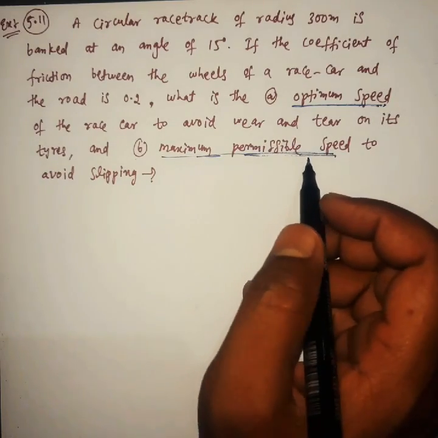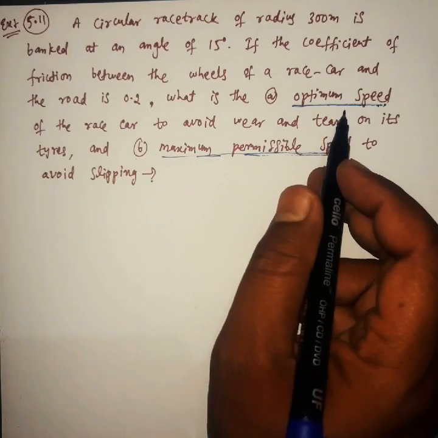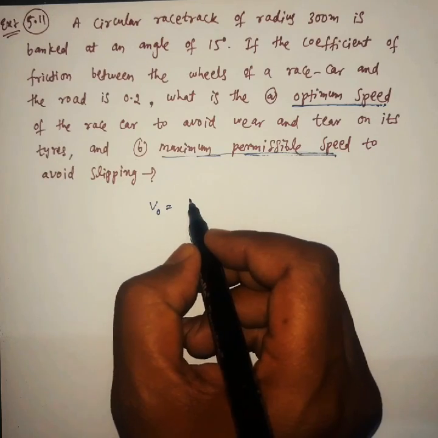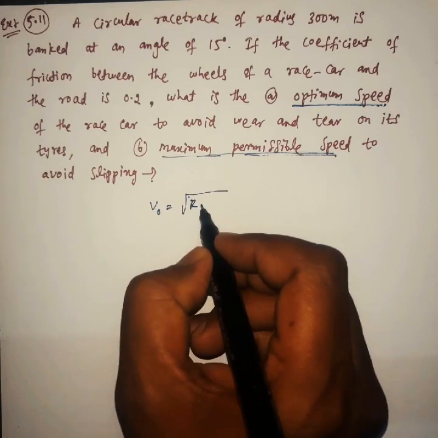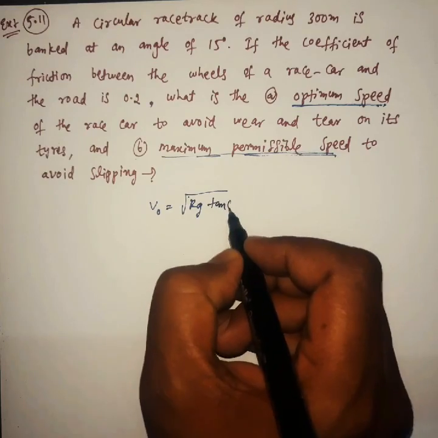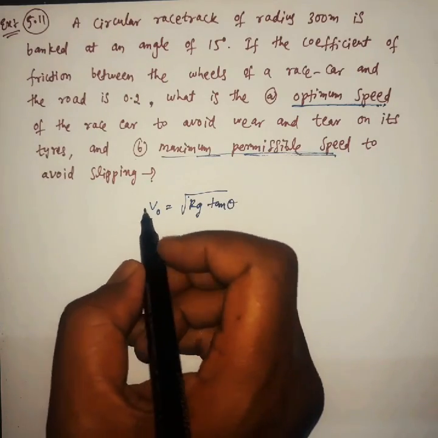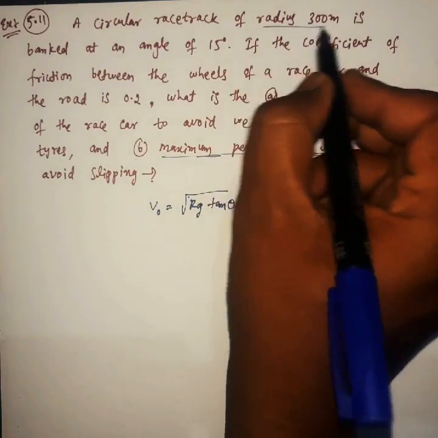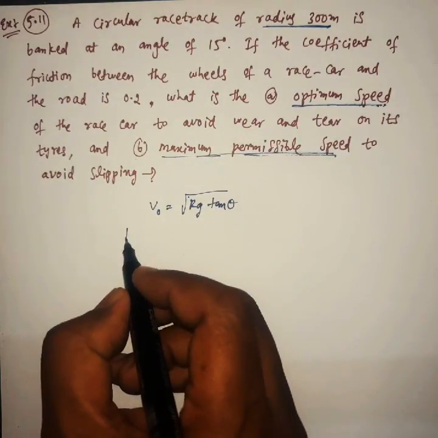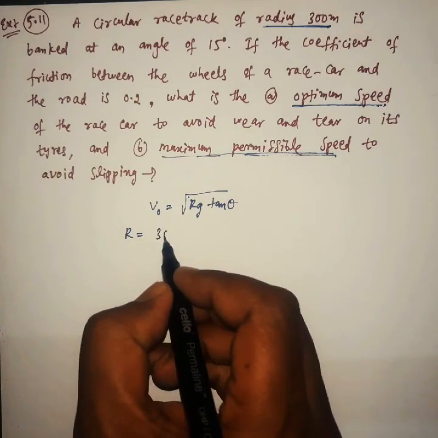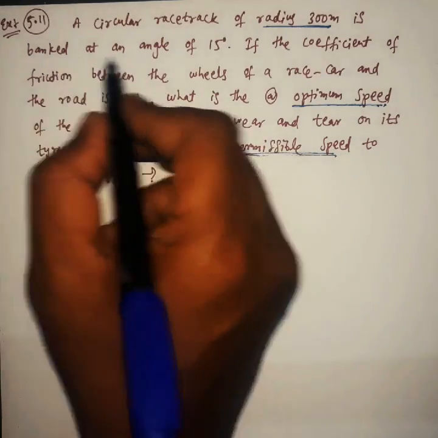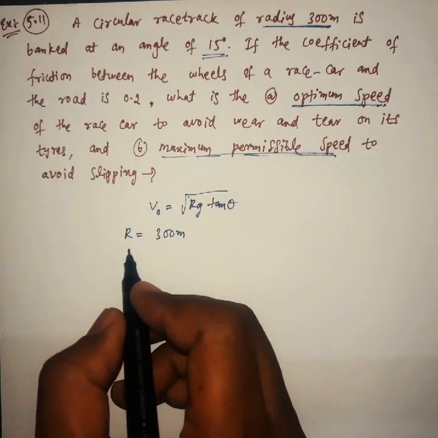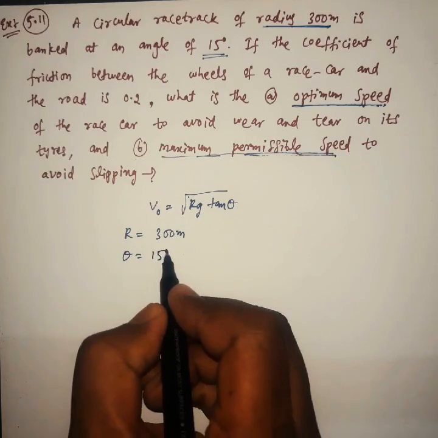So we have a formula for our optimum speed. That is called V naught, which is equal to the square root of Rg tan theta. The given values are: the circular racetrack of radius R is equal to 300 meter, and the angle theta is equal to 15 degrees.